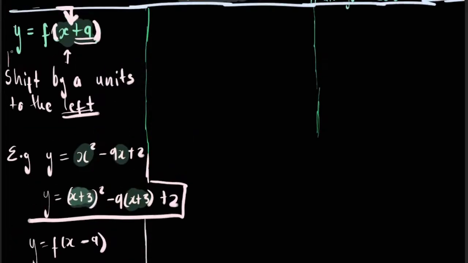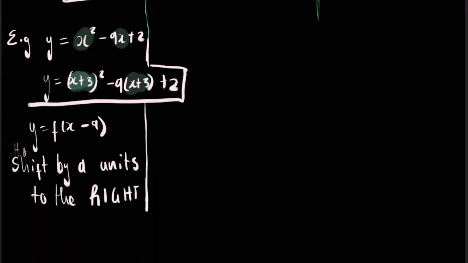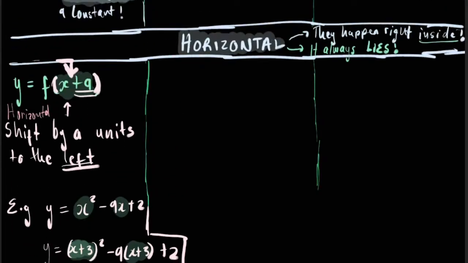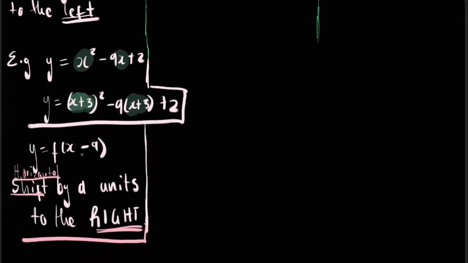You should say horizontal shift. I know that saying to the right or to the left tells you it's horizontal, but say it. Say horizontal shift by a units to the right, because we are adding or subtracting right inside. When it's a subtraction, we move to the right.